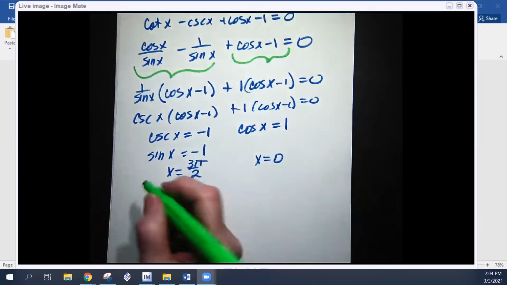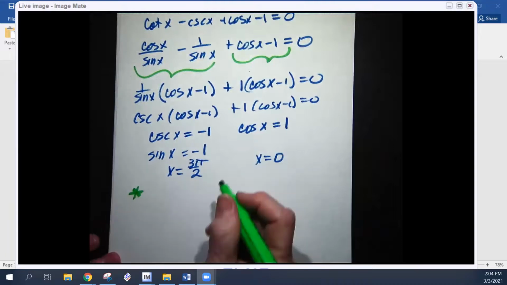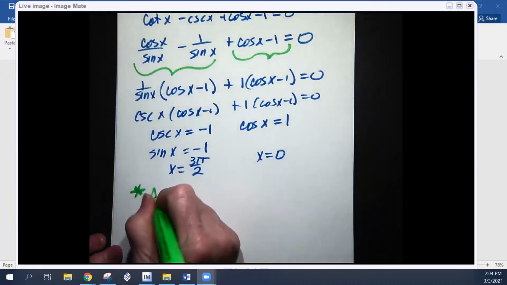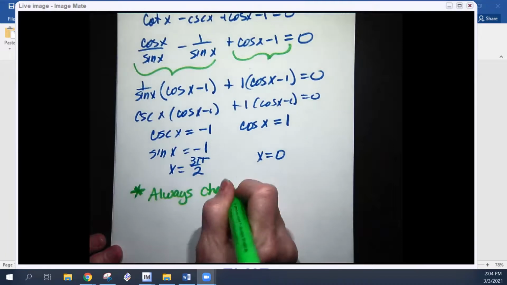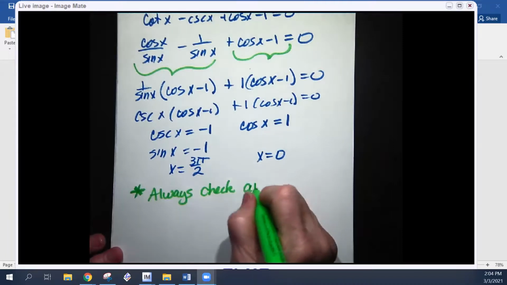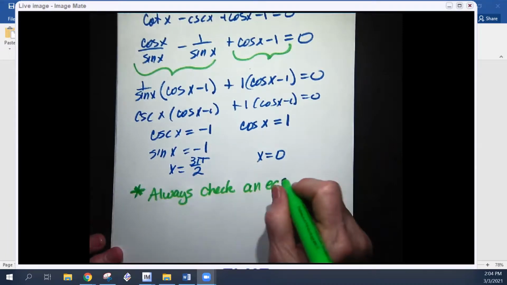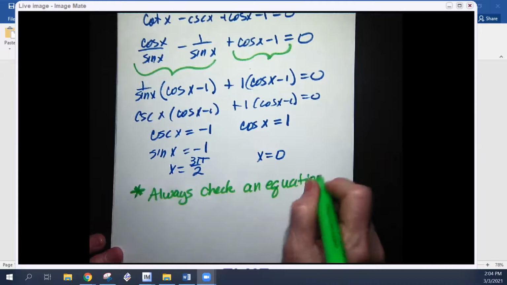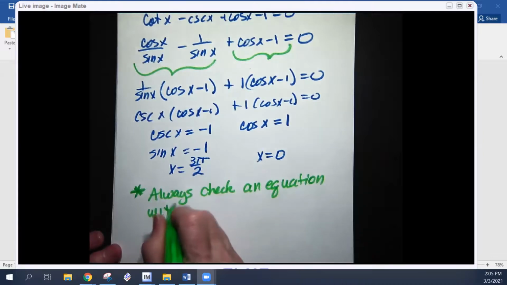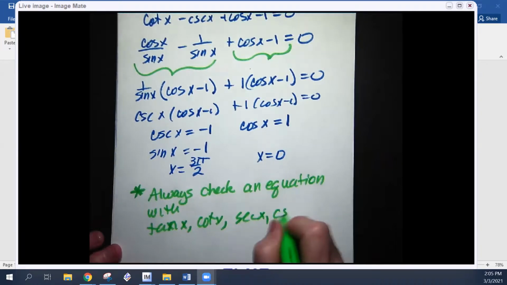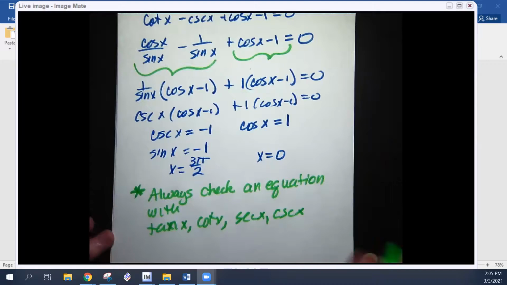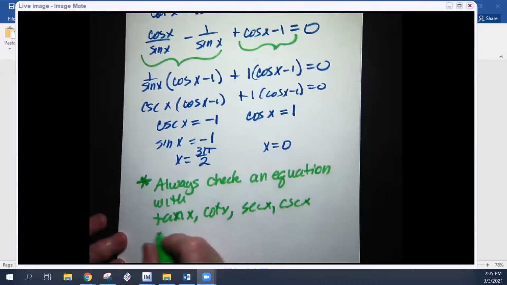So I would like to caution you and say you need to always check an equation with tangent, cotangent, secant, and cosecant functions for undefined values.